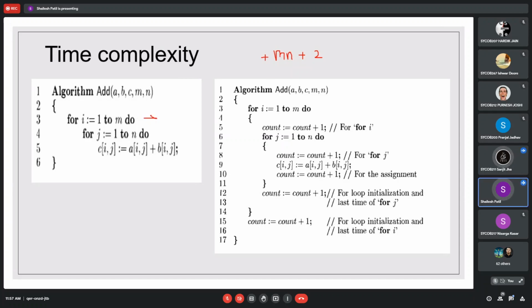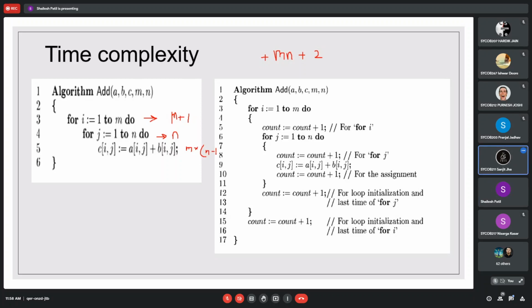Okay, so let's calculate the answer over here. This will work for m+1 times, or we can say m times. This will work for n times, and this will work for m into n times, or m into n minus 1 times.